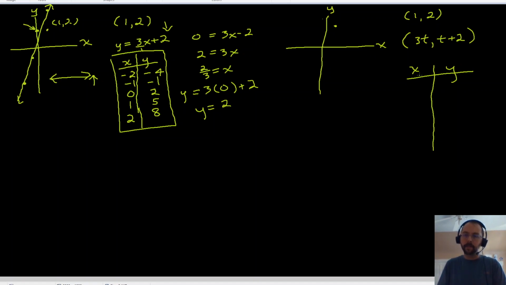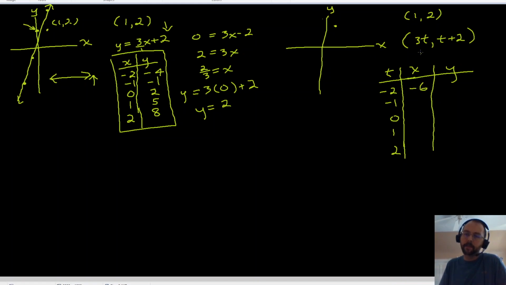We do the same thing, but here we need a third variable, t. So t is what we're going to run through. So we would go -2, -1, 0, 1, 2. Now, when we plug in -2 for x of t, we're going to get -6.